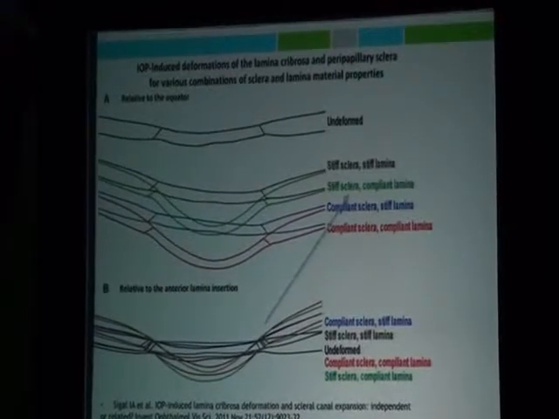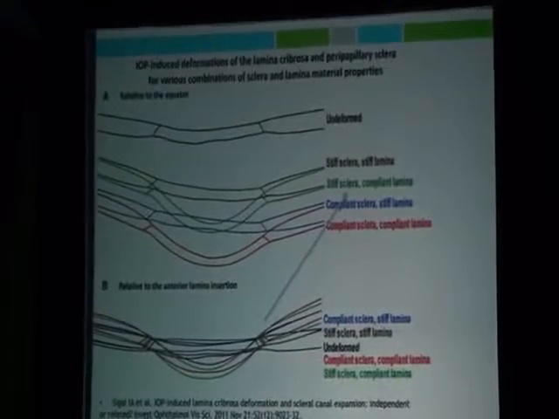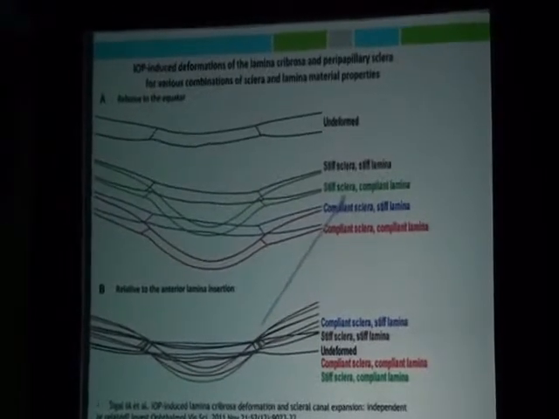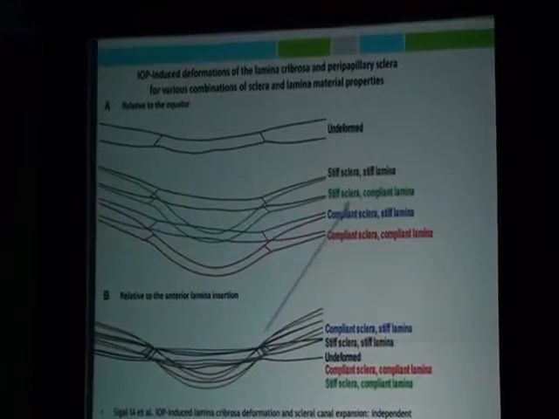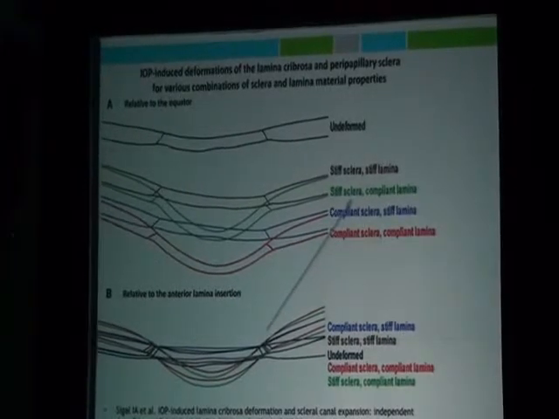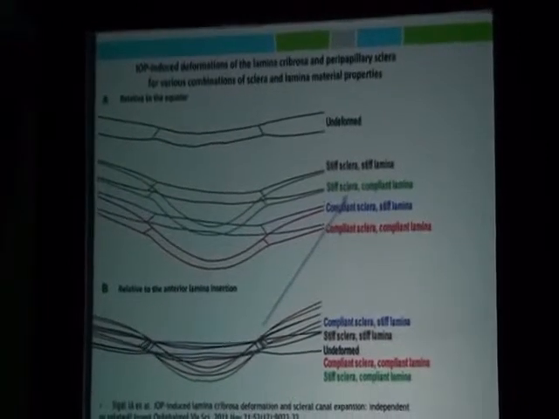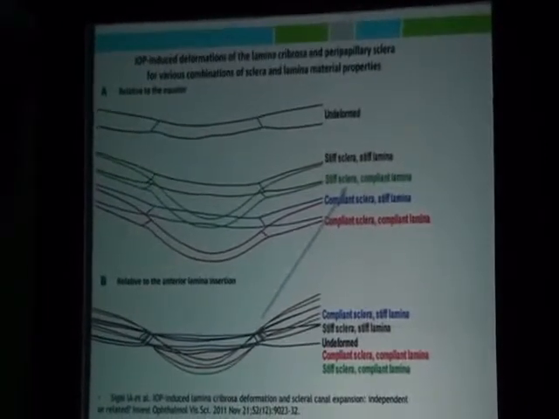Now, there have been some people looking at how intraocular pressure induced deformation of the lamina cribrosa plates and the scleral canal will affect the biomechanical properties of the eye.